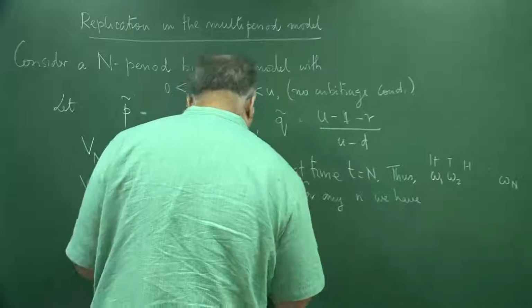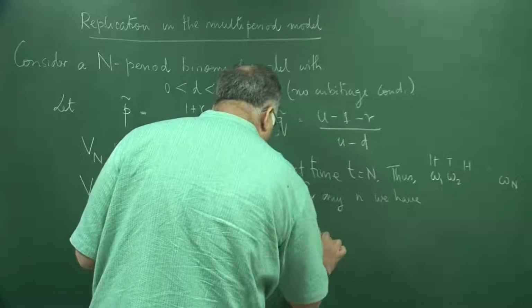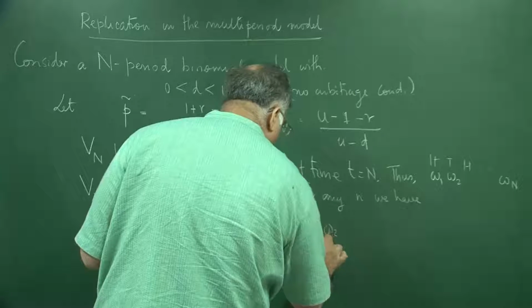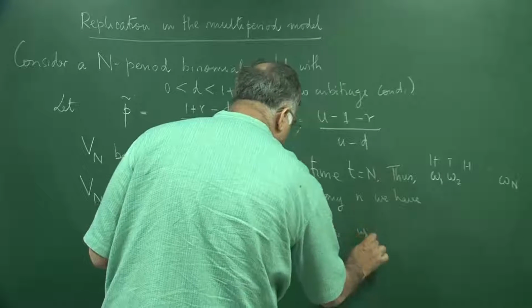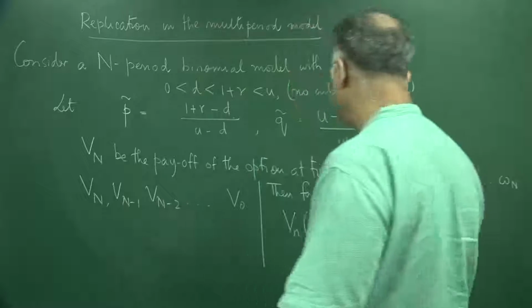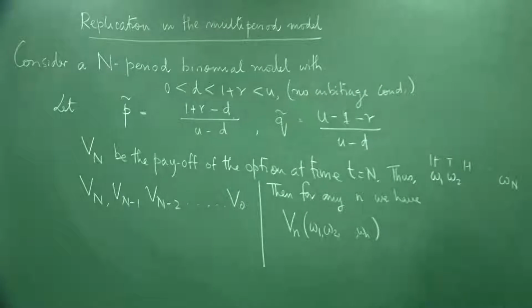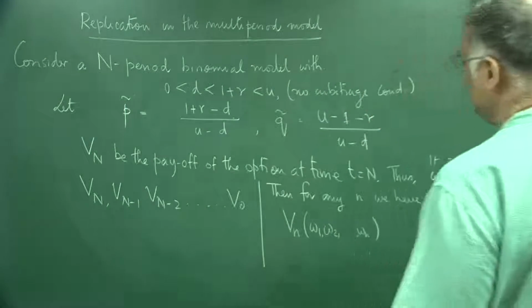Suppose I want to know Vn with the outcome omega 1, omega 2, dot dot, omega n. You may not give commas also, I am just giving commas, it is the way I write it.